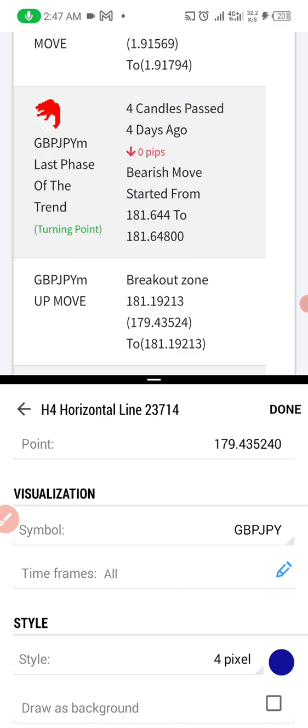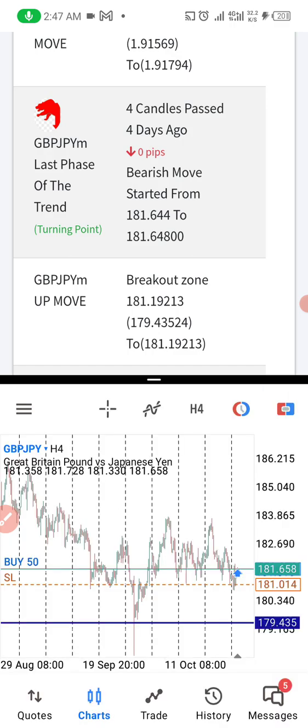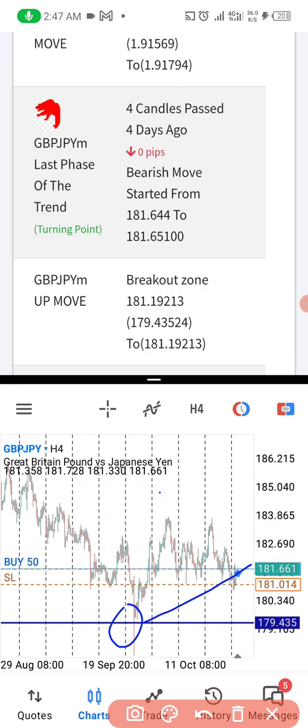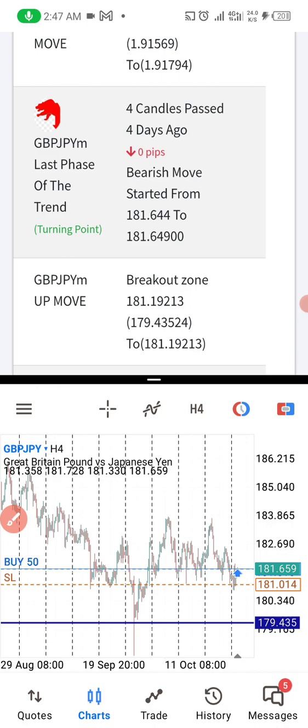I plot it, I click done. As you can see, it is below. Do you understand? It is below the current price. That's where it started from. It's below the current price, which is this one here. So if I plot this now, I should be having something like this, a slant movement. You understand? So let me plot the B of it, which is this one here.